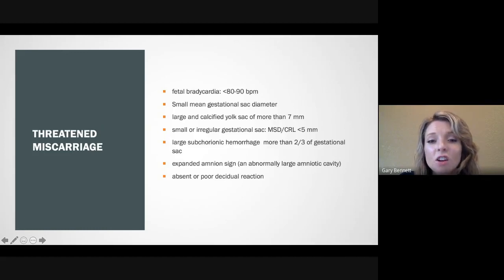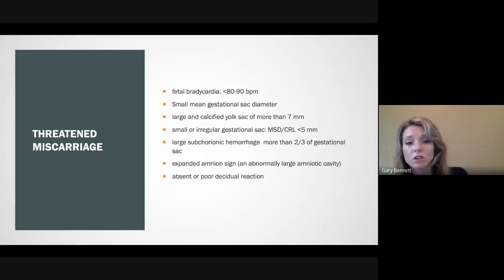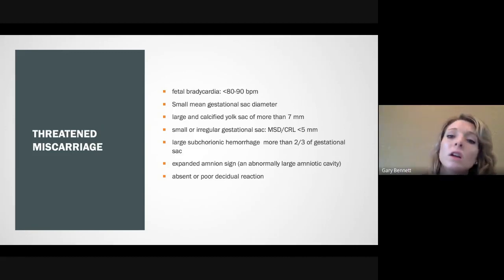If you see a large subchorionic hemorrhage, which is more than 2/3 of the gestational sac, and I want to point out again that this is not 100%. We'll talk about the subchorionic hemorrhages, but my own child, I carried him to full gestation with a very large subchorionic hemorrhage.